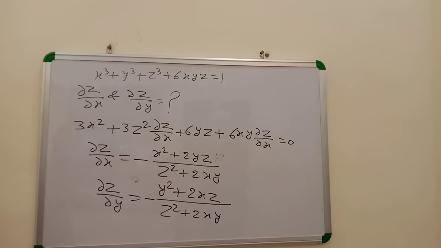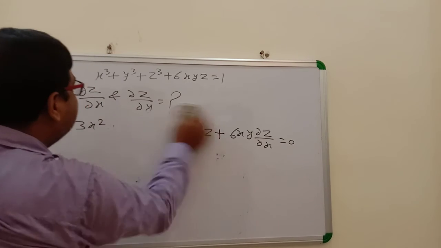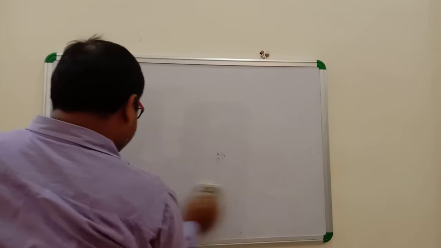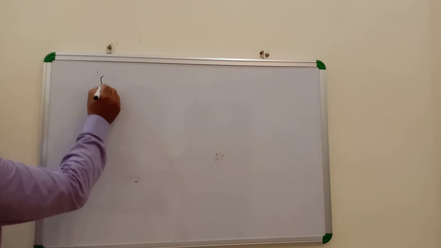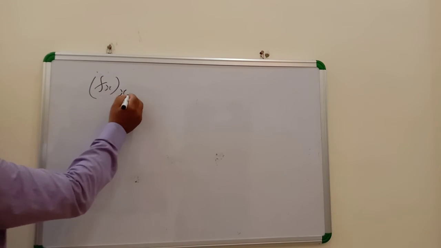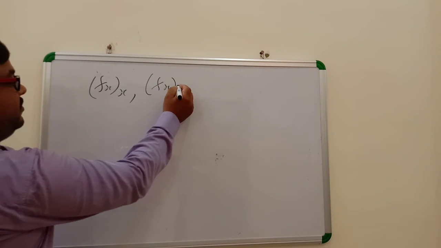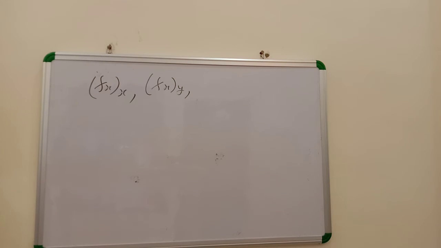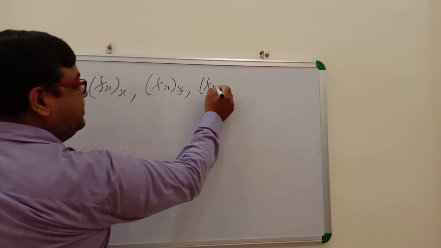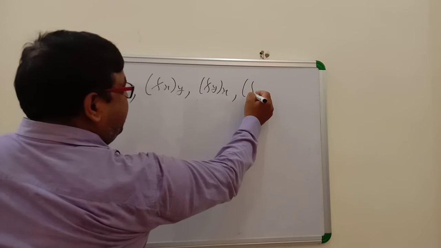Hence, we can consider their partial derivatives again, and they are known as second order partial derivatives: fxx, fxy, fyx and fyy.